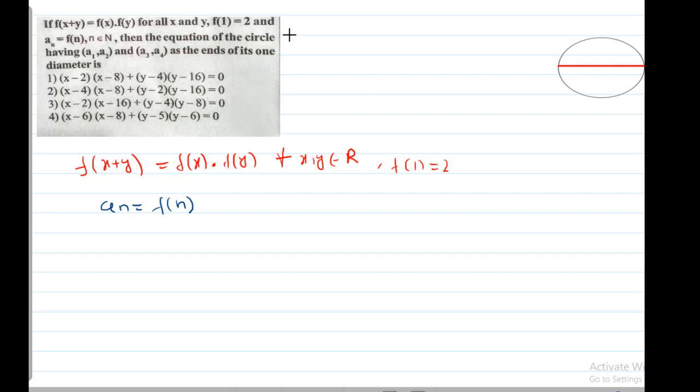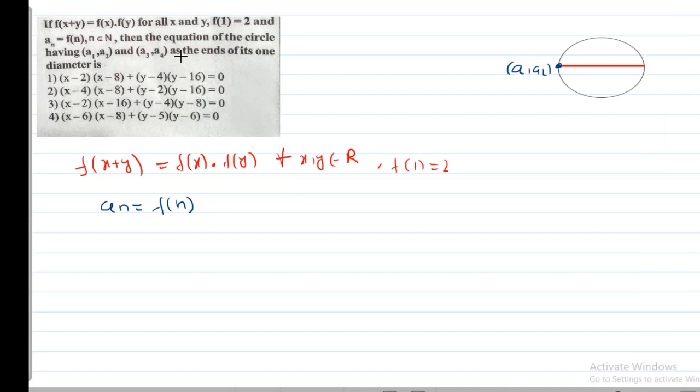Then the equation of the circle having a1, a2 and a3, a4 as the end points of the diameter. We want to find the equation of the circle.